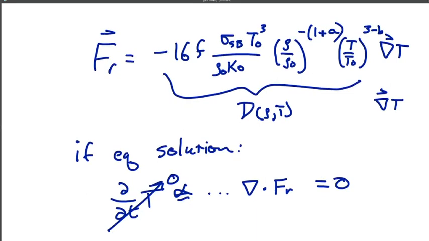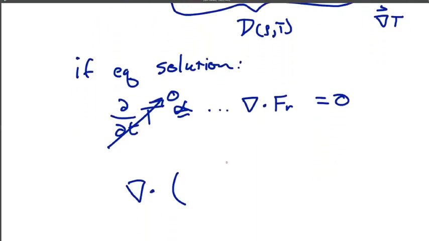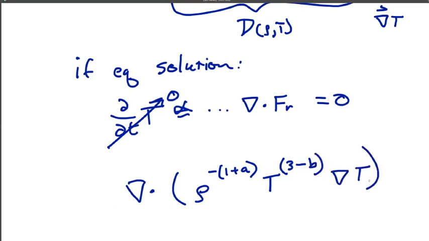So we have rho to the minus 1 plus a, and then T to the 3 minus b, let's get our signs correct, since the opacity shows up in the denominator, minus b, all times grad T. This is equal to 0.